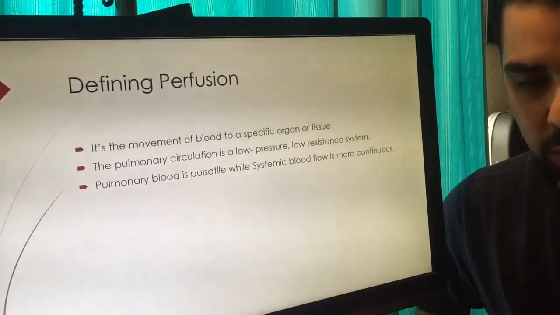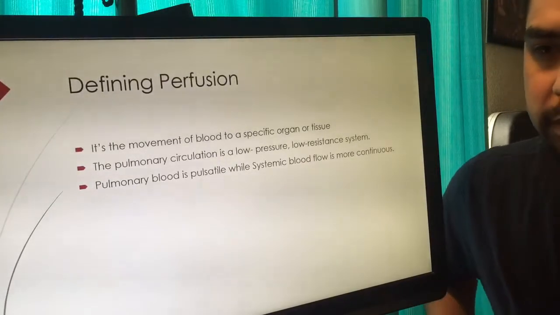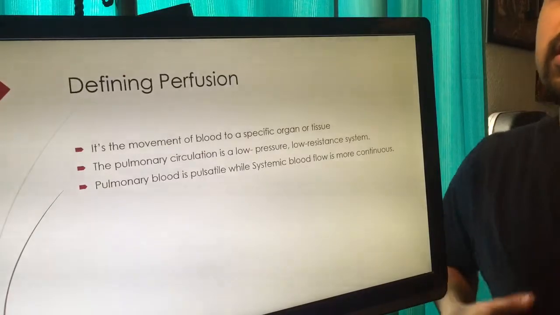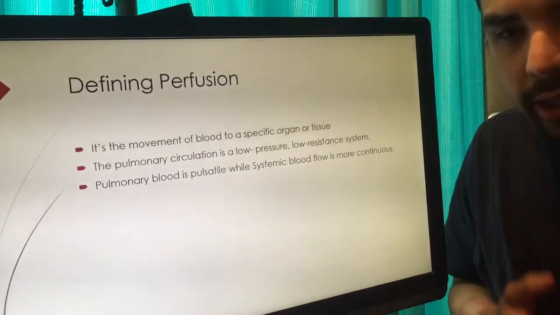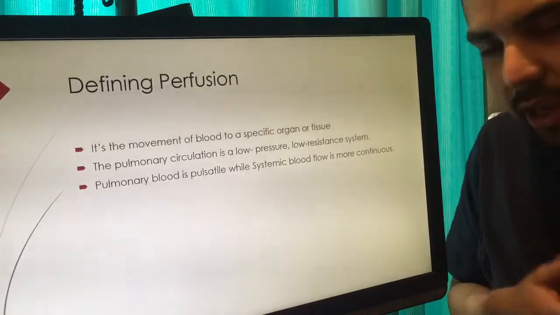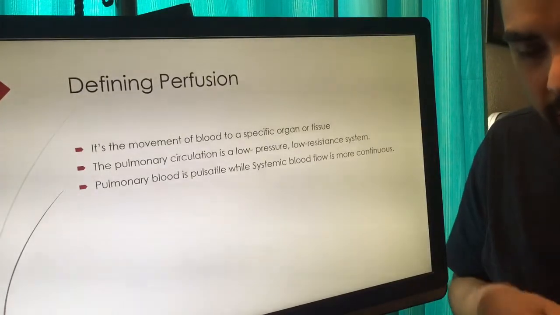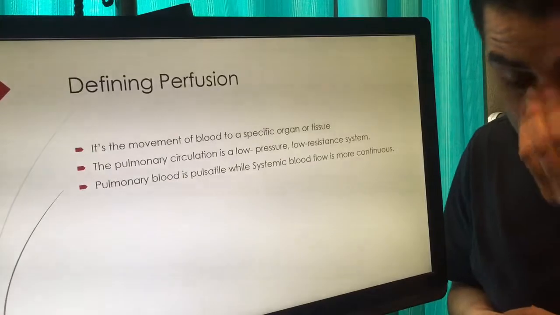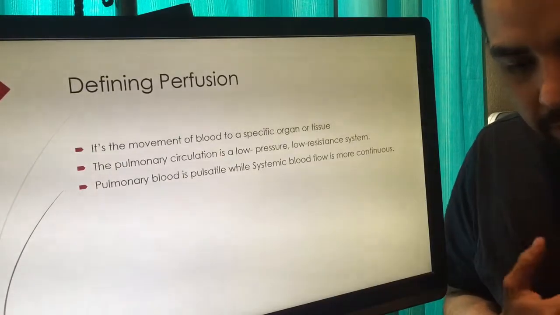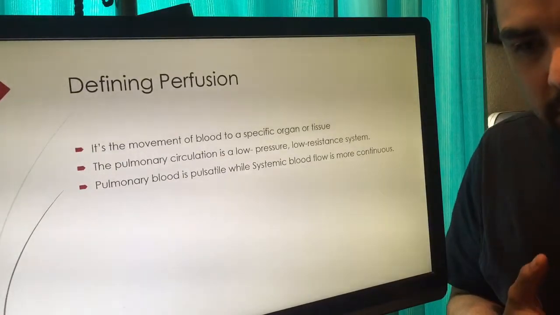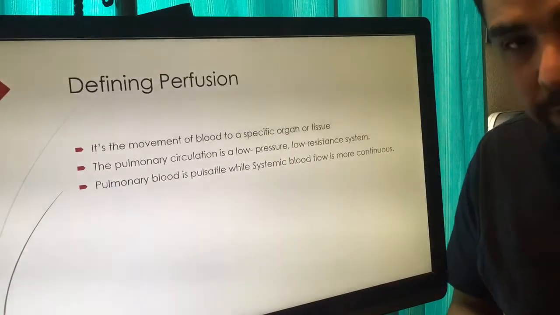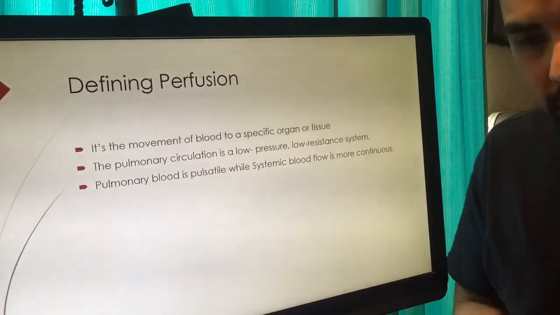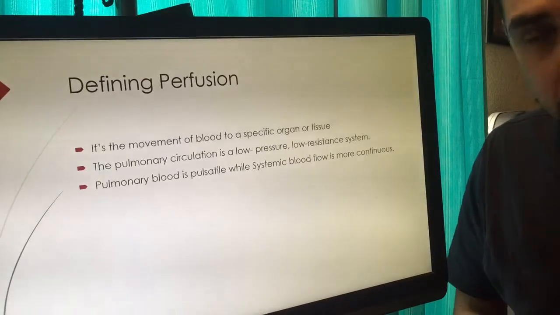So this is pulmonary blood out of the right side of the heart, and it's pumping upstream into our lungs to get oxygenated and do gas exchange, getting carbon dioxide out and oxygen in. That blood then becomes oxygenated and goes back through the pulmonary veins to enter the left side of the heart, which is now oxygenated.